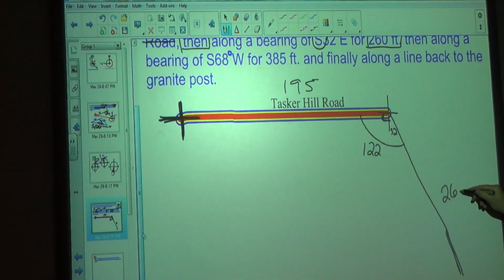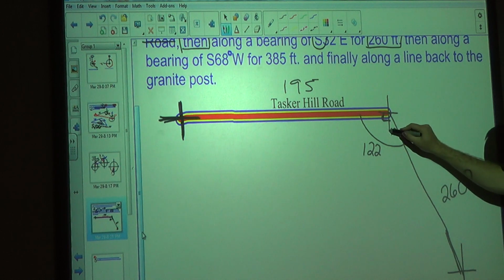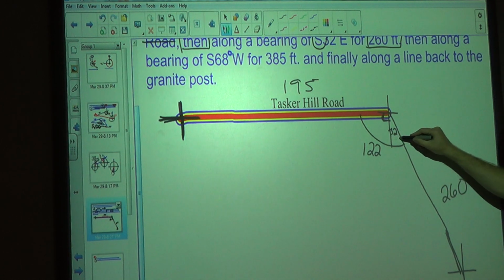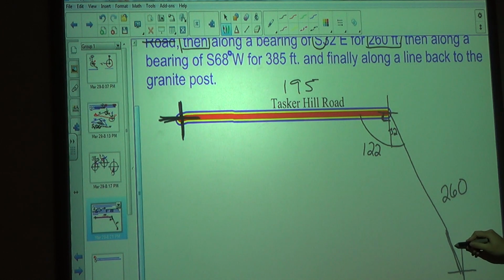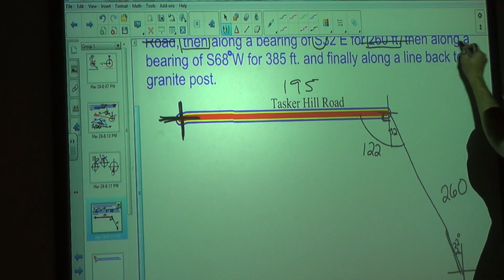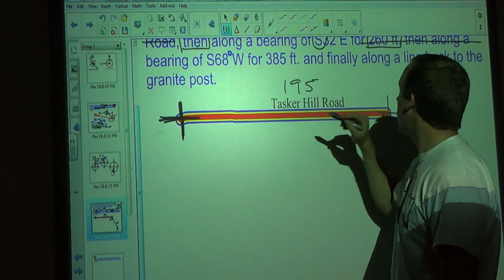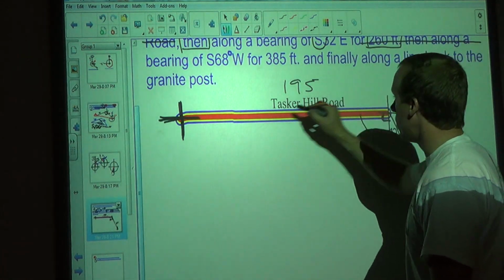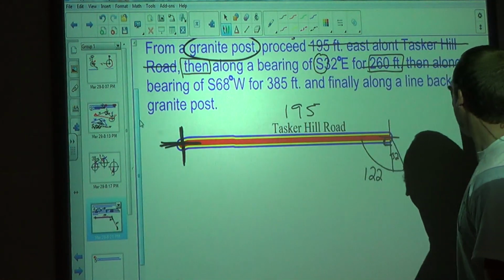So 260. I then always make a crosshair at the end when I change directions. So I know if this sliver was 32 degrees, alternate interior angles from geometry tell me that this angle right here is 32. Okay? So I went 260 along that. Okay, back up. Let me erase that.